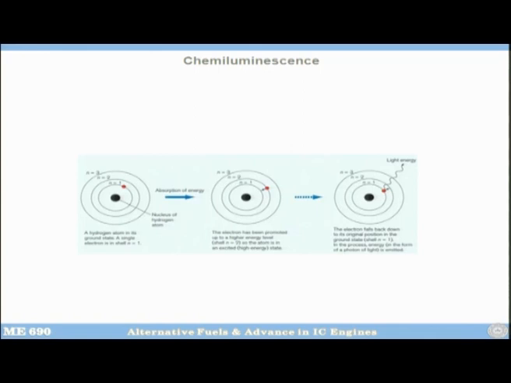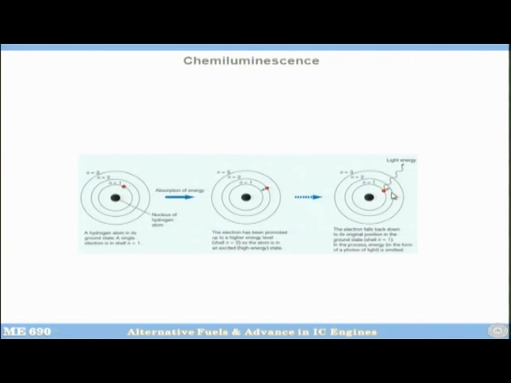Now, when it comes to chemiluminescence, this is luminescence. Chemiluminescence means that this energy to jump it to the higher orbit is provided by a chemical reaction. So, this excitation of the molecule is done by chemical reaction, and then it comes back and emits a photon.